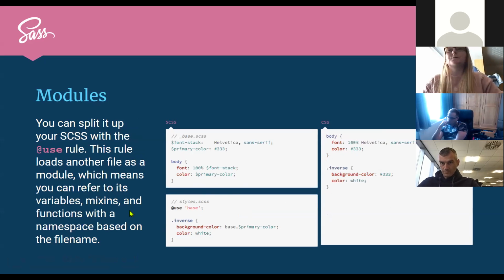Modules: you can break up your CSS using the @use rule. Loading another module allows you to access the contents of that file. You can use variables, mixins, and functions with a namespace based on the file name, and you can see an example of that at the bottom here.